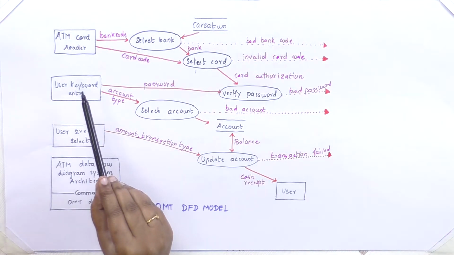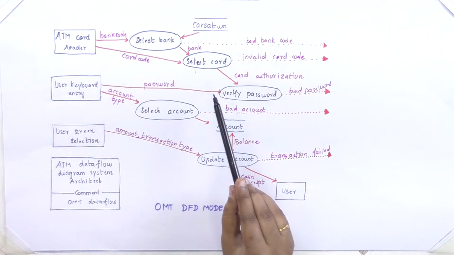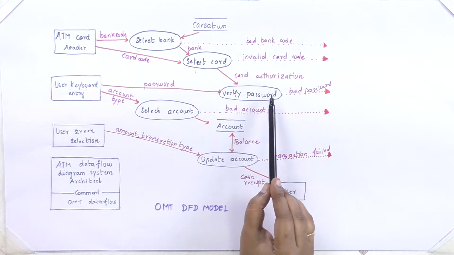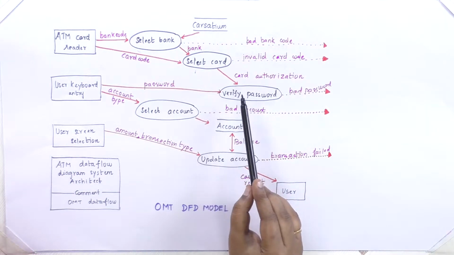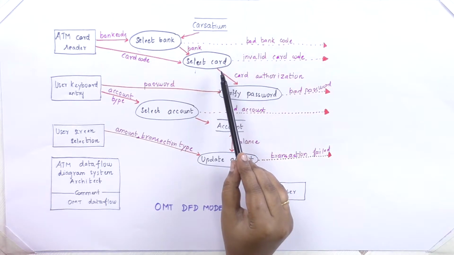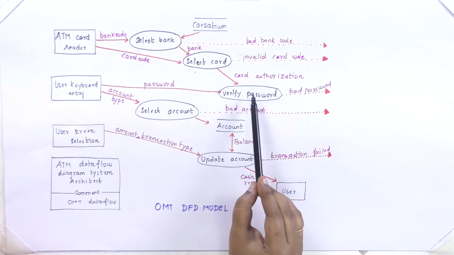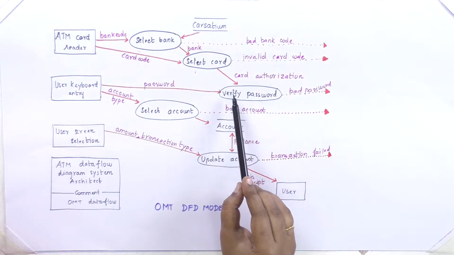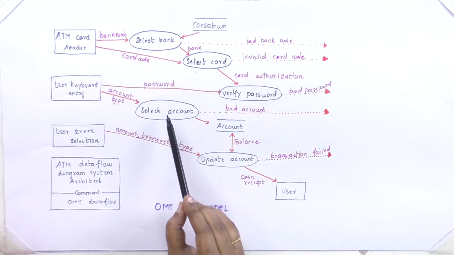After entering it on the keyboard, the password data will be transferred from this external entity to the verify password process. In this verify password process, the password will be checked against the PIN number that you have from your database. And once the password has been verified, you will be asked about your account type, whether you have a savings account or a current account.